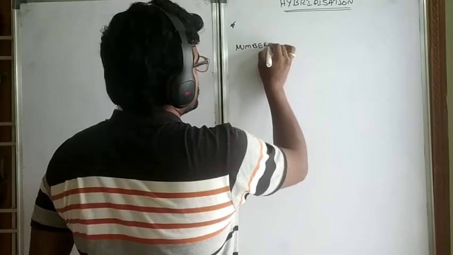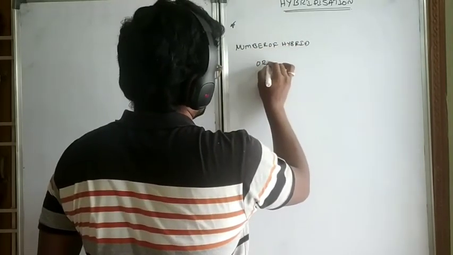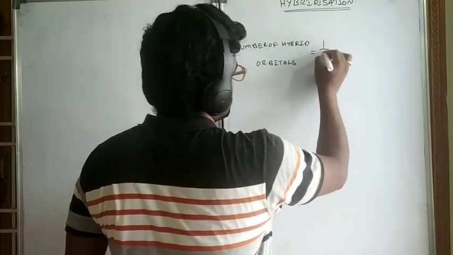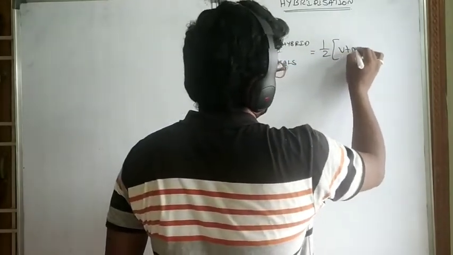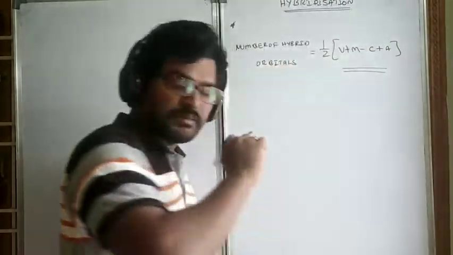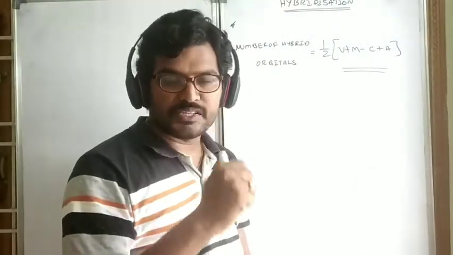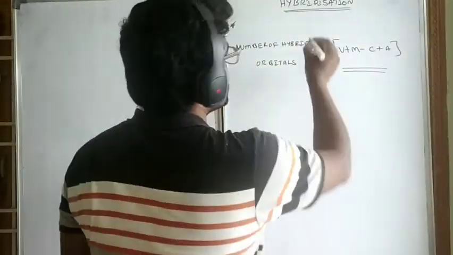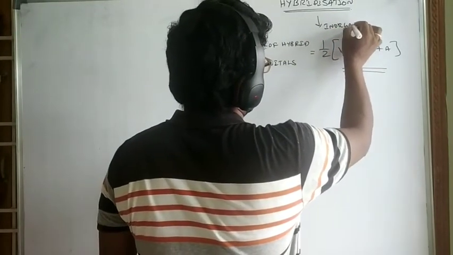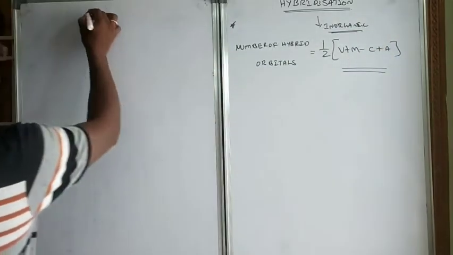Number of hybrid orbitals is equal to half into (V plus M minus C plus A). Let them give any species. There are two methods to identify the hybridization of any species. For inorganic compounds, we will use this formula.